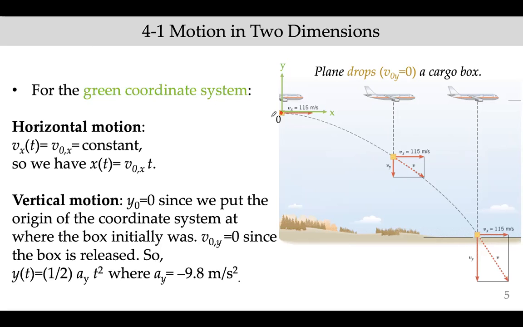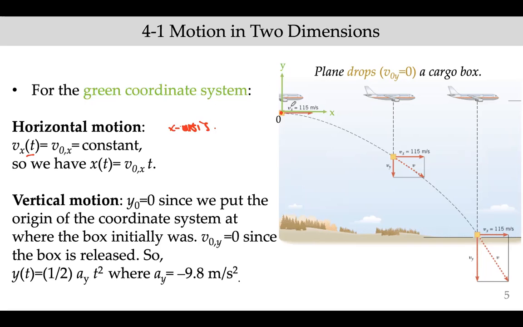So now let's analyze both the horizontal motion and the vertical motion. In the horizontal motion here, it's the x-axis, motion in the x-axis. So the x component of the velocity at any time will be constant, right?